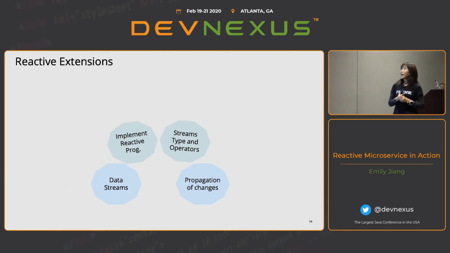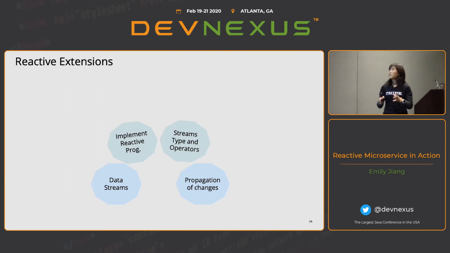Have you heard of Reactor? Have you heard of Akka and RxJava? Yeah, they are all reactive extensions. They are all implementations of reactive programming. They introduce stream types and also operators, how to operate these streams.